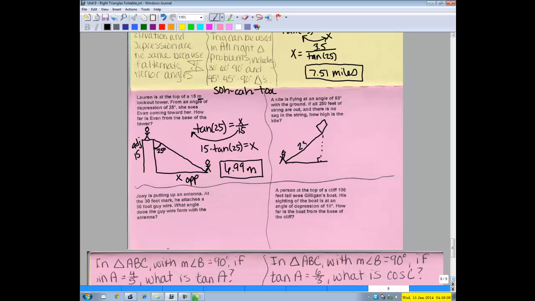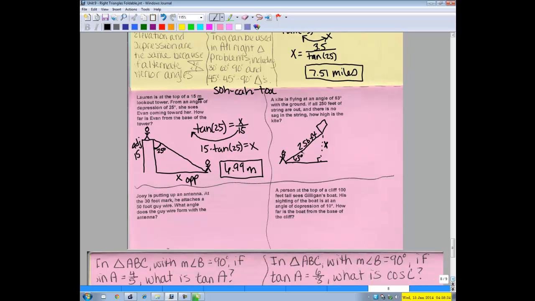The kite string is 250 feet. And the kite is flying at an angle of 63 degrees with the ground. So I'm assuming that, yeah, so this is 63 degrees. How high is the kite? So how high up is the kite right here?